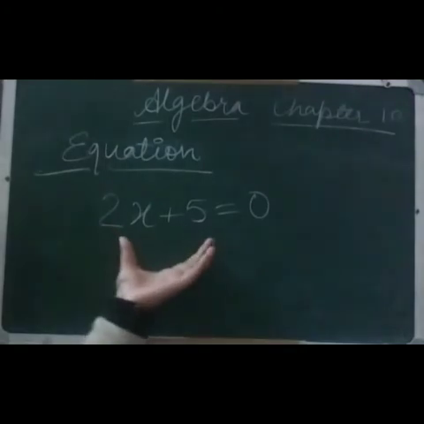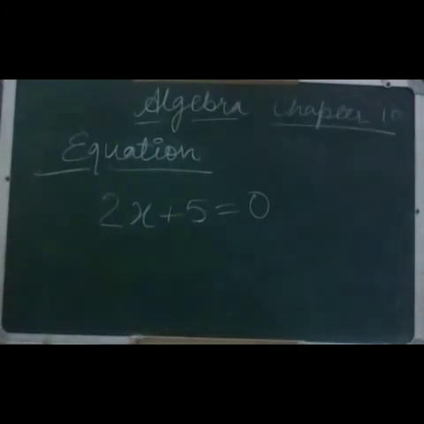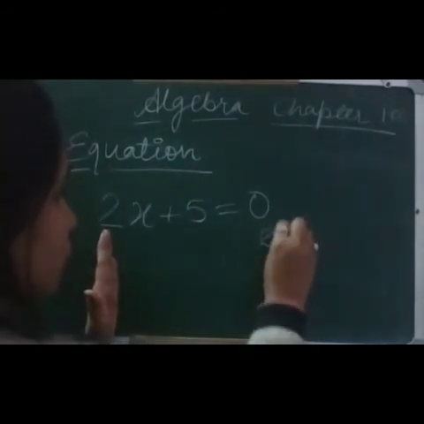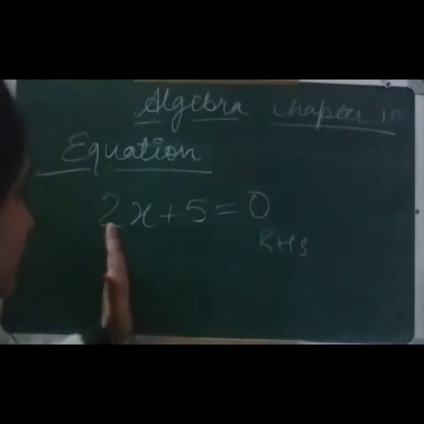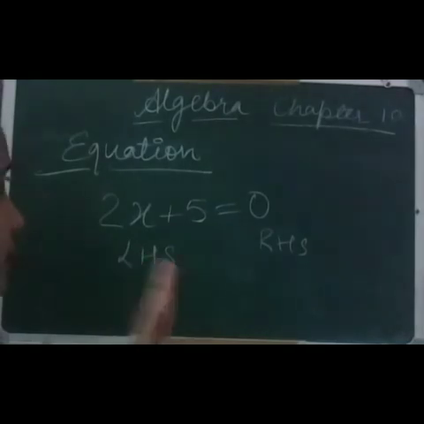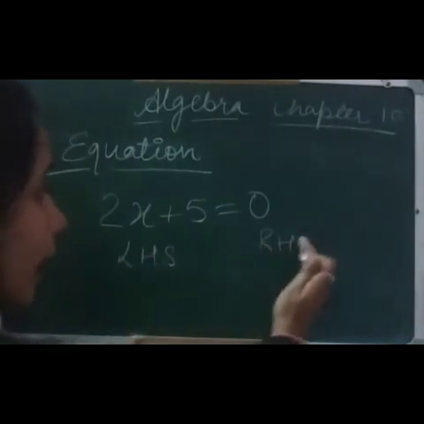This is an equation. An equation has an equal sign between its two sides. This is our left hand side, LHS, and this is our right hand side, RHS.